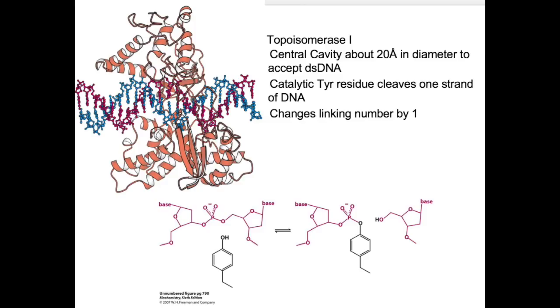Topoisomerase 1 uses the catalytic tyrosine to break the phosphodiester backbone, and it does so by transesterification. So it just replaces one ester bond, that's the phosphodiester bond, with another one. This is an ester bond from the backbone to the tyrosine. So the tyrosine in the enzyme breaks the phosphodiester bond and holds one strand, and the other one unwinds by one.